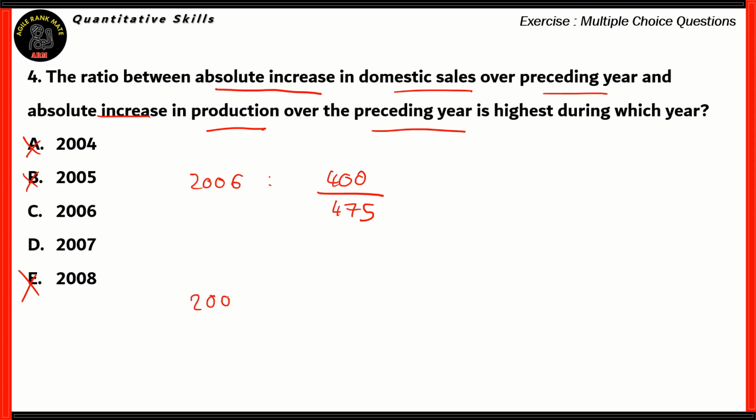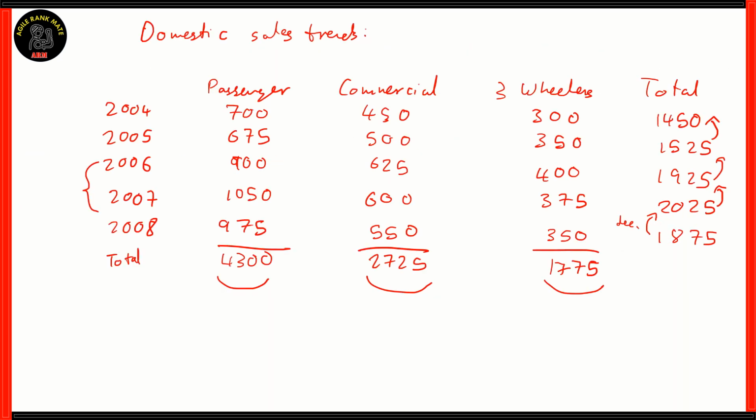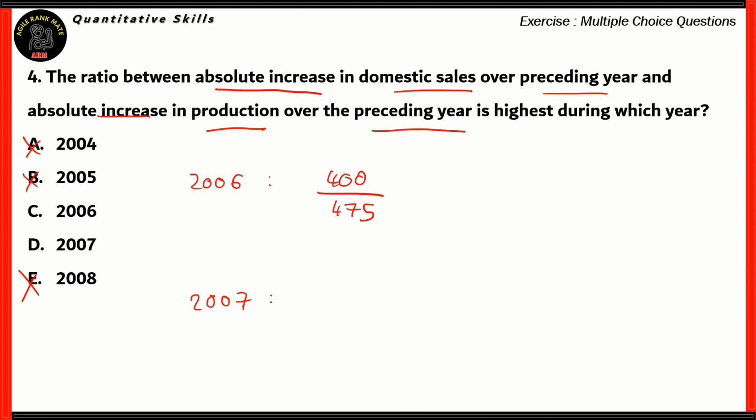Now let's look at 2007. In 2007, the domestic sales trend was like this. You had 2025 units sold in 2007 and 1925 units sold in 2006. So there is an absolute increase of 100.